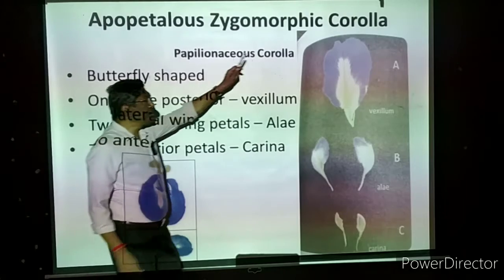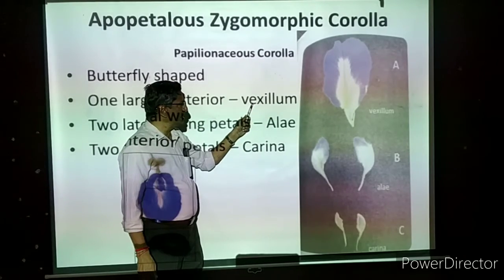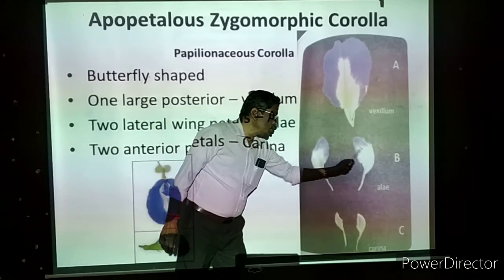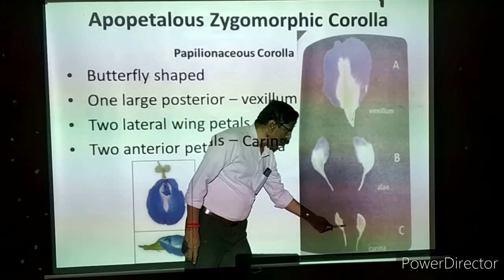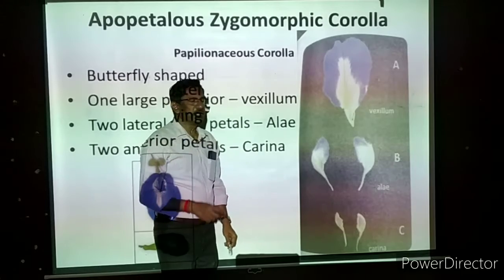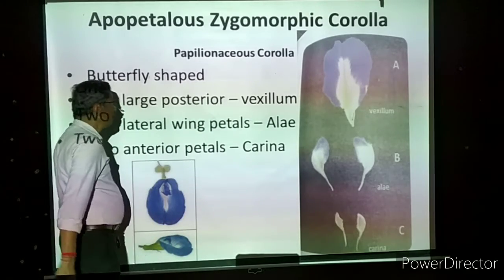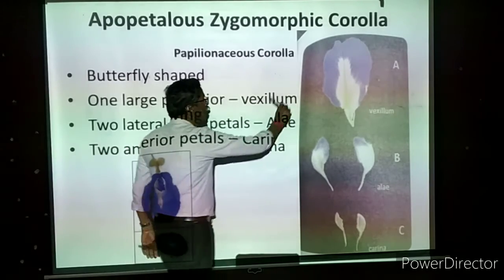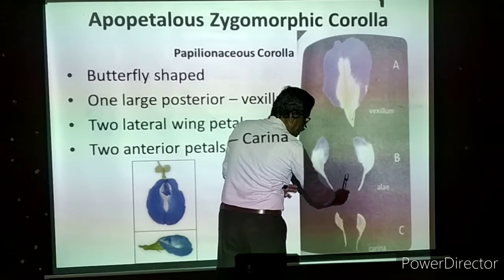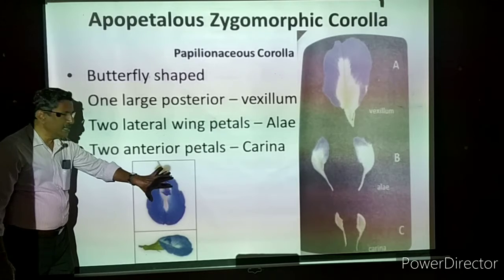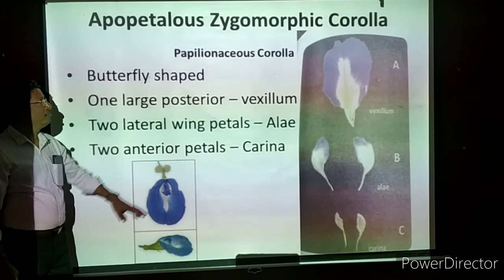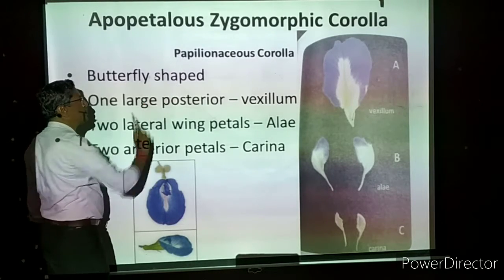So the posterior large petal is called vexillum. Two lateral petals are like wings, called alae. And two anterior small petals are called carina. Now the arrangement of petals: we have separated and kept all five, but if they are all present together, the corolla gives the appearance of a butterfly. That is called the papilionaceous corolla.